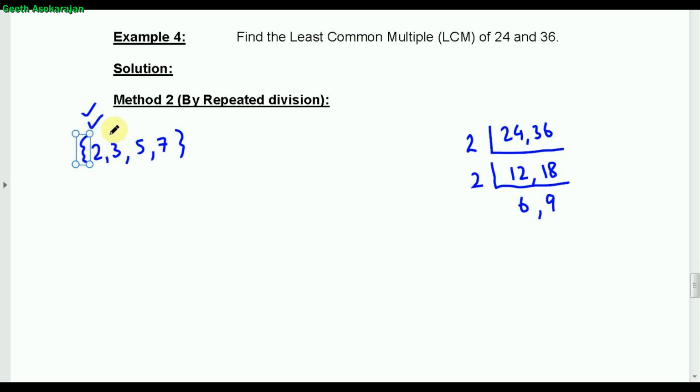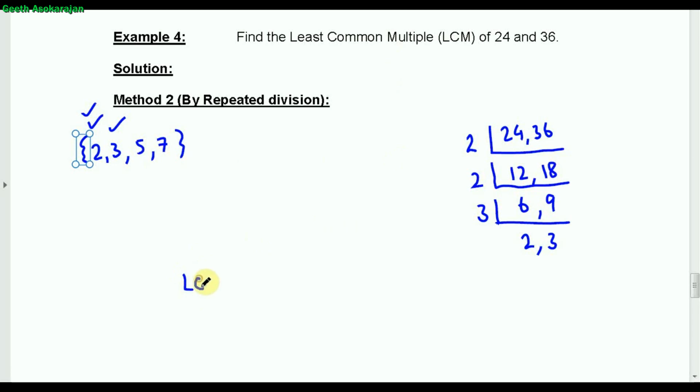So let's go down the list and check 3 instead. 6 divided by 3 is 2, no remainder. 9 divided by 3 is 3, no remainder. So 3 works. And we stop there, remember, since these two are part of the prime numbers list.